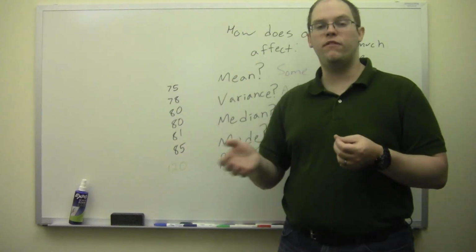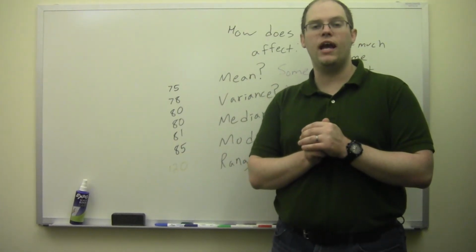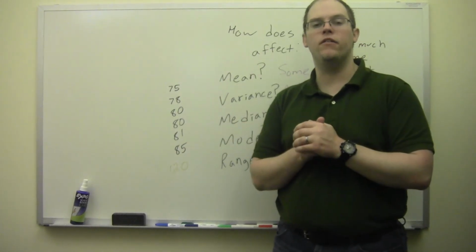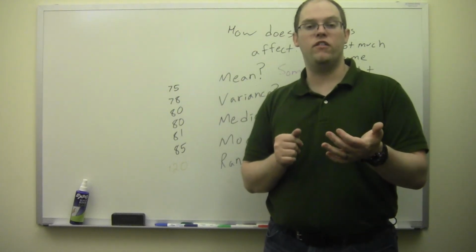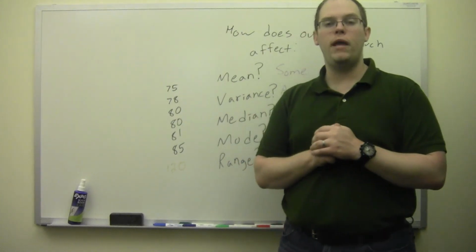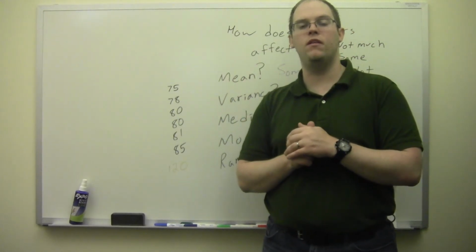So for example, if you were looking at the NHANES data set, and we were comparing the weight of males and females, we would probably find a great number of outliers. We would probably find a lot of people who may be morbidly obese, who may weigh 400 pounds that would be in the data set.